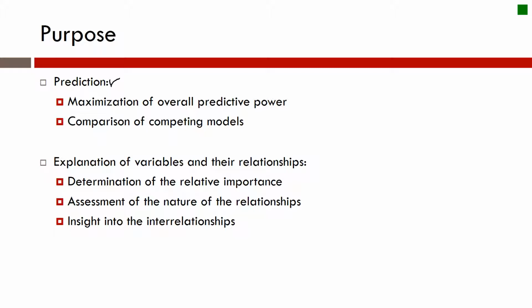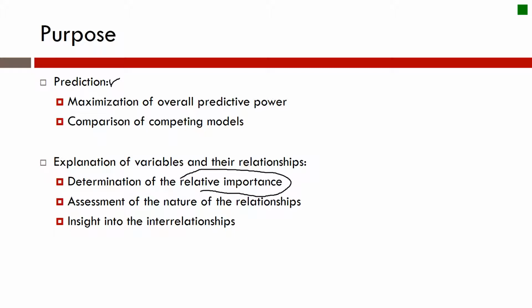We want to maximize the overall predictive power of our variate, and we can do this by running multiple models using different independent variables and trying to clean up those variables as much as we possibly can. But we also want to specify not only what independent variables predict the dependent variable, but the relationship they have as well.